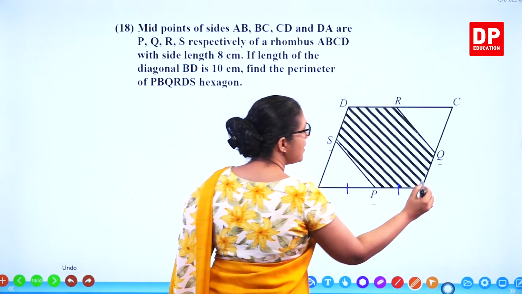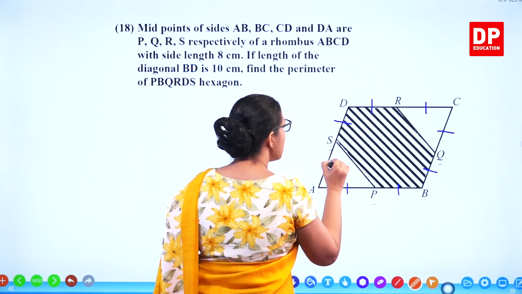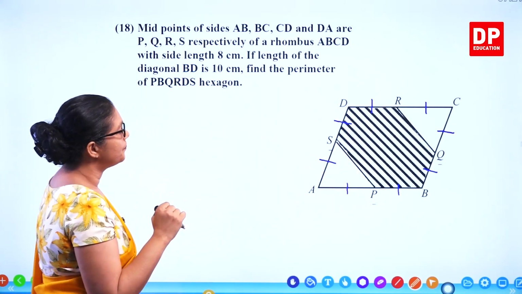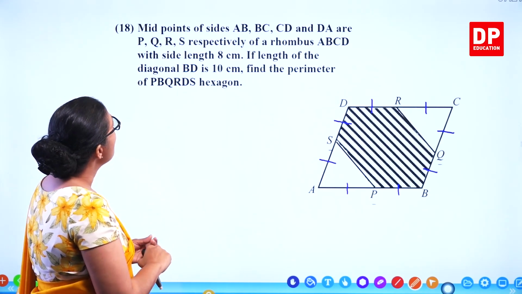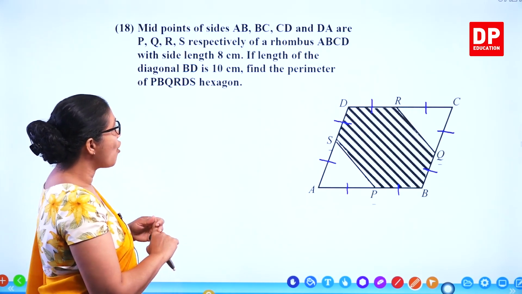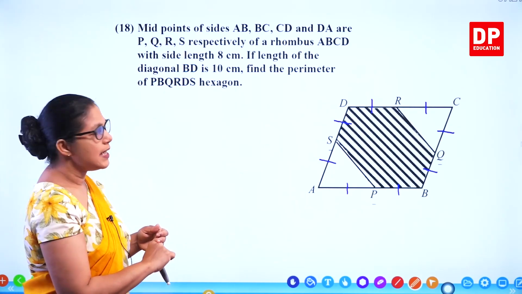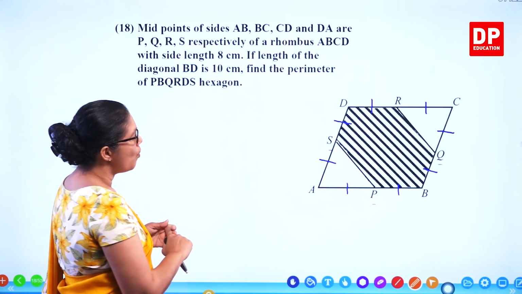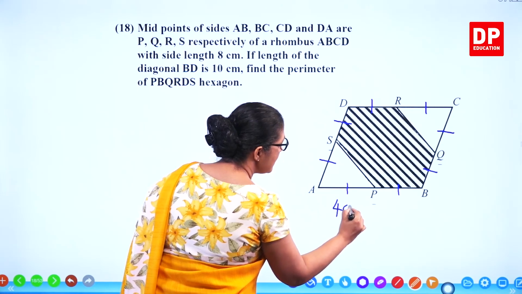Midpoints of sides AB, BC, CD, DA are PQRS respectively of a rhombus ABCD with side length 8 centimeters. So the whole length is 8. So what about this half? 4 centimeters each.